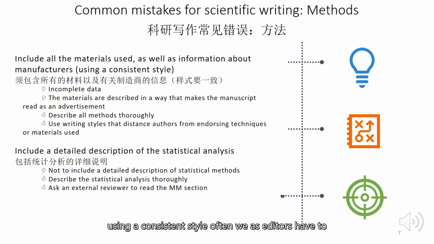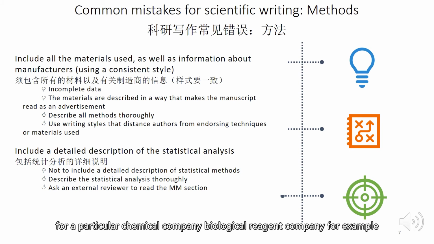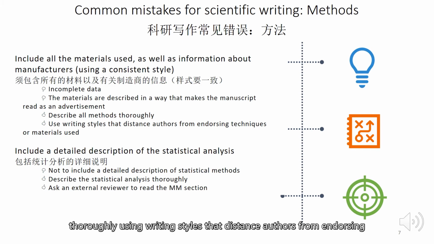Often we as editors have to work on these sections because the style in the methods section just isn't consistent. There's incomplete data. The materials are described in a way that makes the manuscript read like an advertisement for a particular chemical company, a biological reagent company, for example. So you should be describing all your methods thoroughly and using writing styles that distance authors from endorsing techniques or particular materials that you may have used.